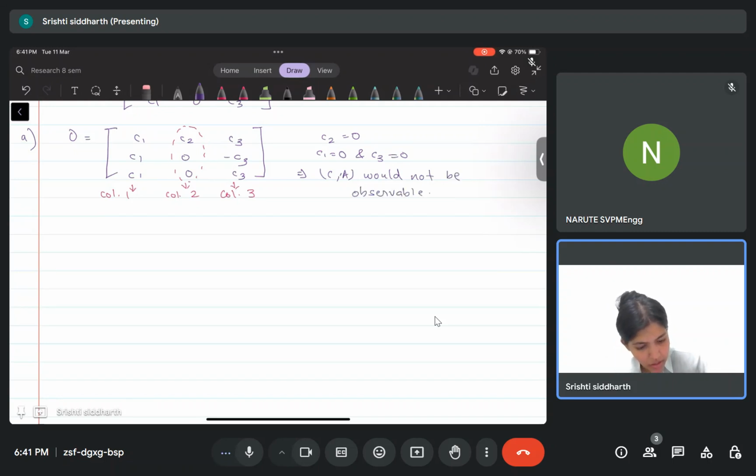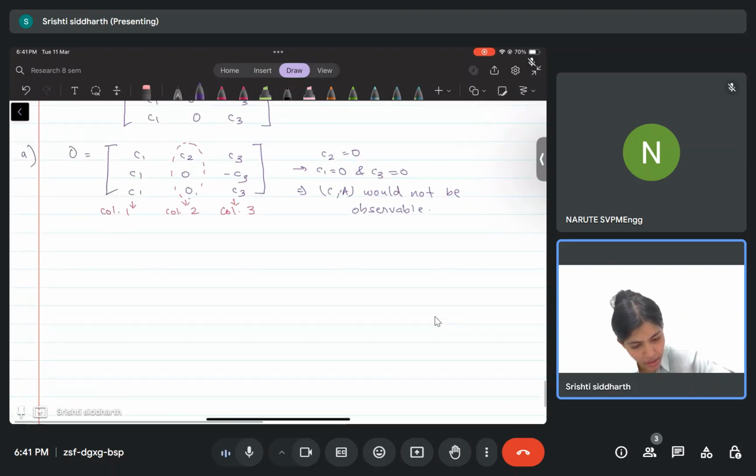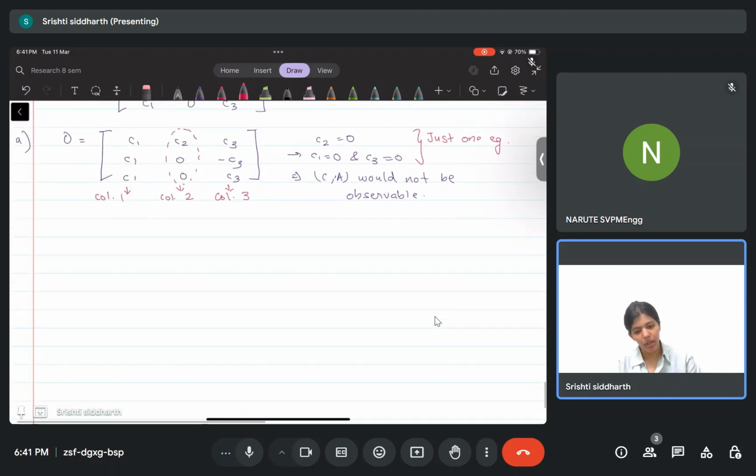Of course, this is just one value of C1 and C3. You can also choose some other values to show that under those values of C1, C2, and C3, the pair CA is not observable. So this is just one example. So try some others.